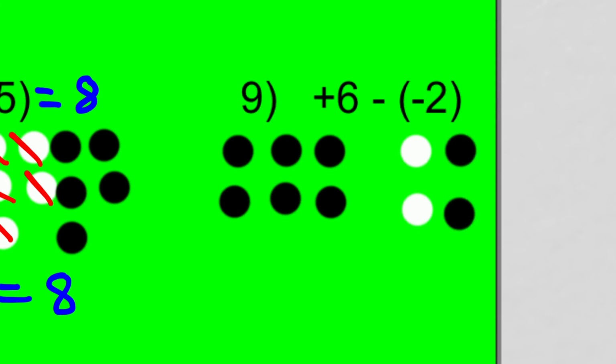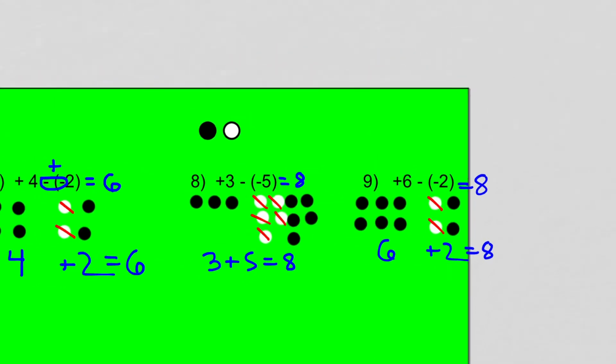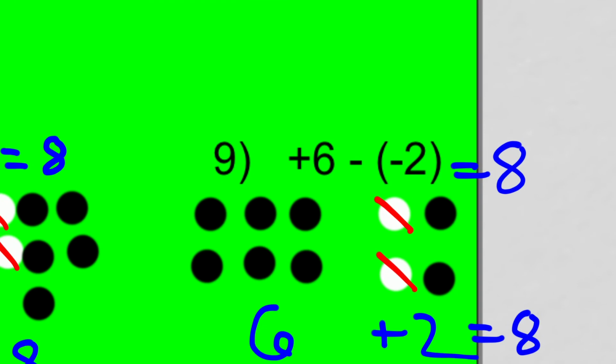So I put 0 pairs. All of this equals 0. So I haven't actually added negative 2, I've added 0. And now I can take away 2 negatives. Take them away, and what I'm really left with is 6 and positive 2, or 6 plus 2, and that equals 8. So when you're subtracting a negative, it's just like adding a positive.